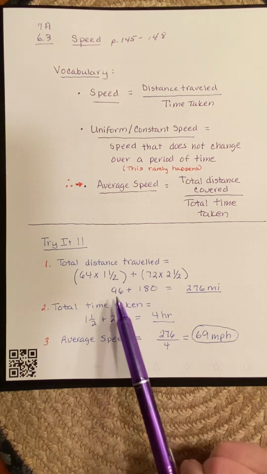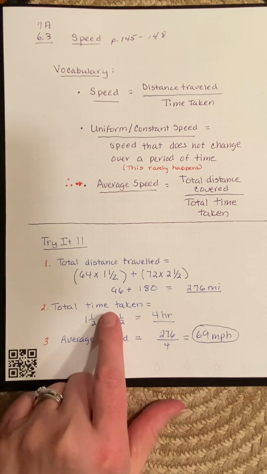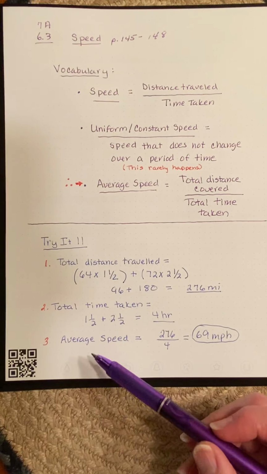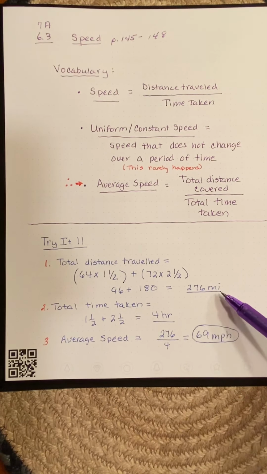When I do that, 64 times 1.5 is 96. And to that, I'm going to add 72 times 2.5, which is 180, which gives me a total distance of 276 miles. Now I've got to go back and use parts of that to see how much time it took him to do this.